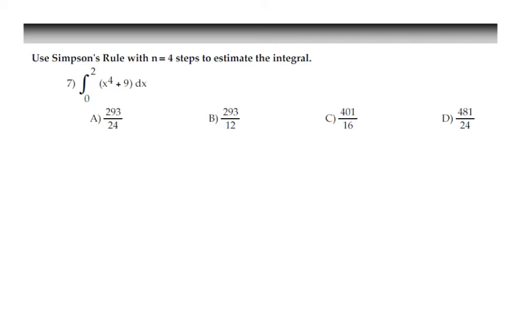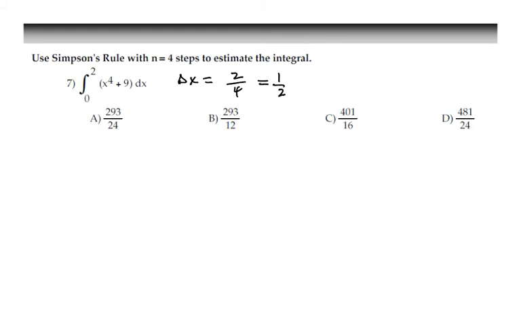Now we're going to illustrate this using Simpson's Rule with n equal 4 to estimate the integral of x to the 4th plus 9. The delta x, of course, would be 2 divided by 4, equal to 1/2.